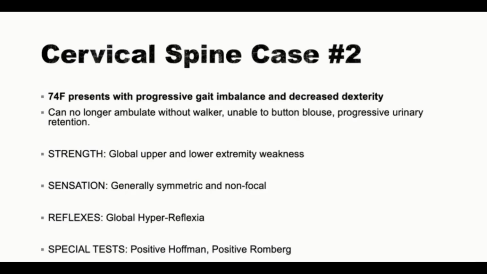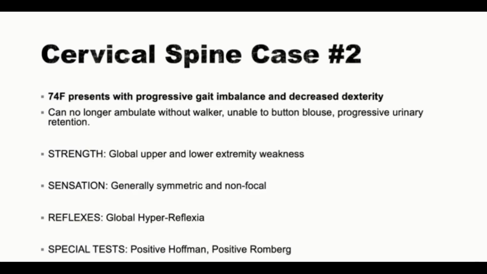So that's what she was reporting. Sensation, generally symmetric, non-focal. That you can take with that from the anatomy of the cervical spine. She's hyperreflexic, meaning it's probably a disinhibited spinal reflex arc.